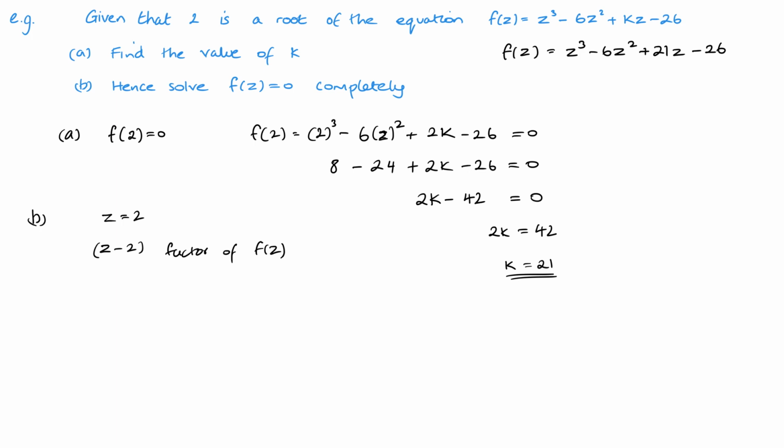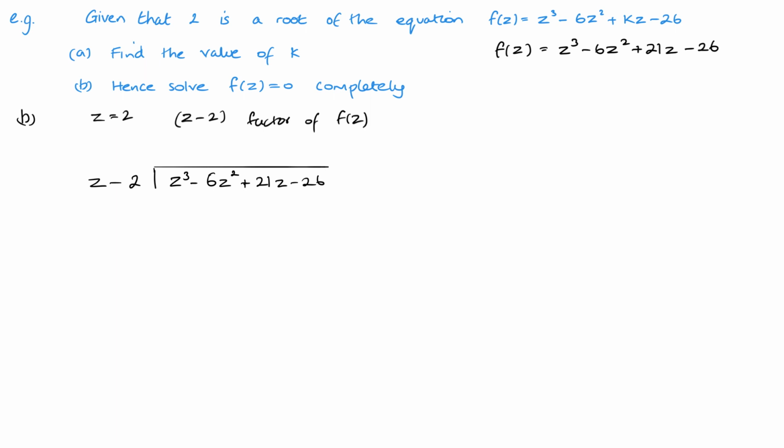I'll do both ways with this one. Let me just make a little bit of room. I'm sure most of you will be pretty familiar with doing this, so feel free to fast forward or skip this bit, but I will just quickly walk through the long division.